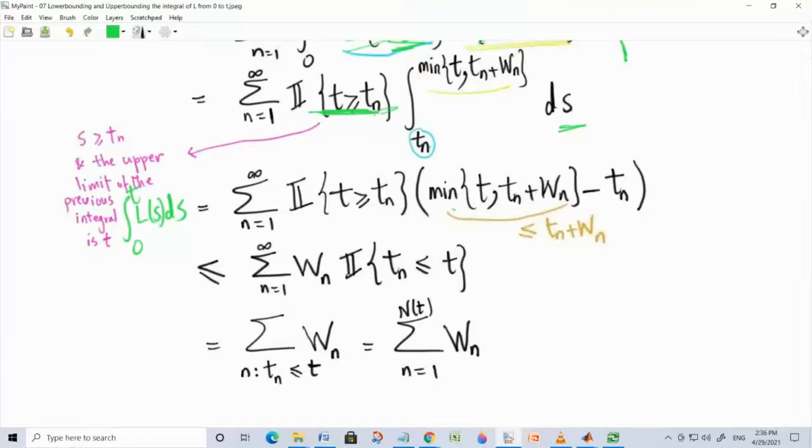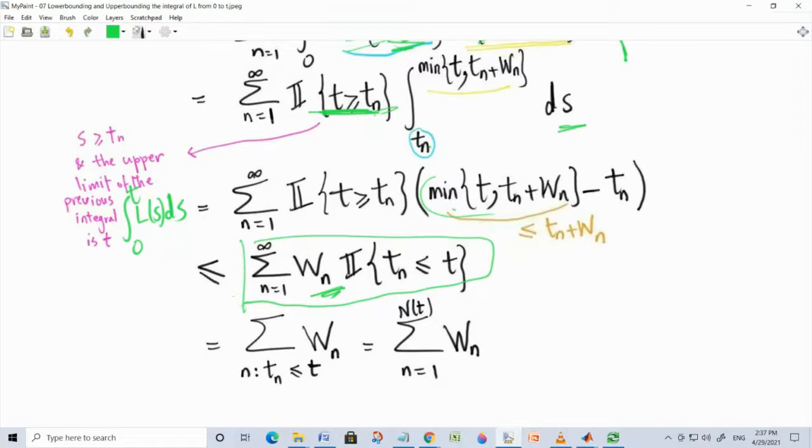If we upper bound this minimum by Tn plus Wn, then the nice thing is that the upper bound Tn will cancel this minus Tn, and then you are left with Wn. So again, the upper bounding trick here is to take this minimum and upper bound it by Tn plus Wn, which will lead to this upper bound.